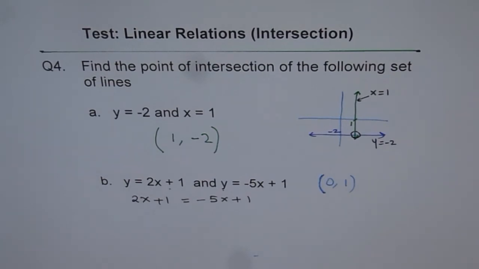My recommendation is, when you can get the answer like this, then get it. Don't waste time trying to solve and getting a number, right? So that is what I will recommend. Both the lines have y-intercept of 1, correct? And therefore, the point of intersection will be that y-intercept, right?